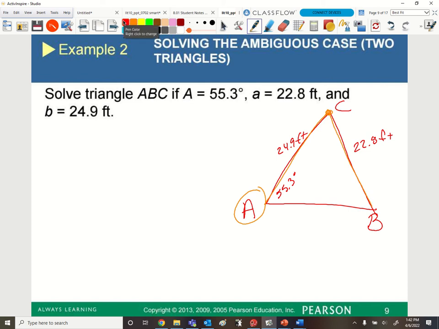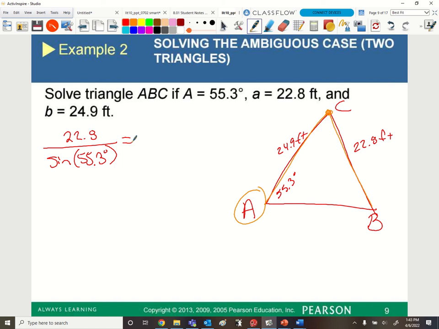Now, do I have a pair? What pair do I know? I know the a, so let's start there. So it's going to be 22.8 over sine of 55.3 degrees equals. What do I have to solve for first?